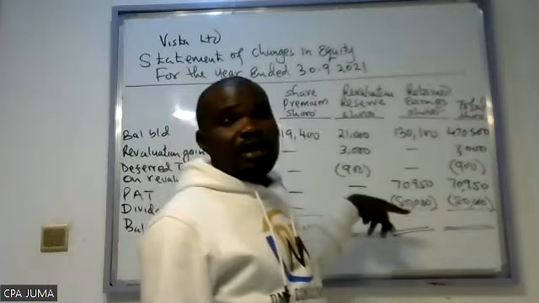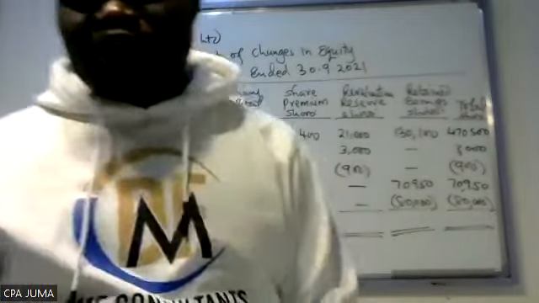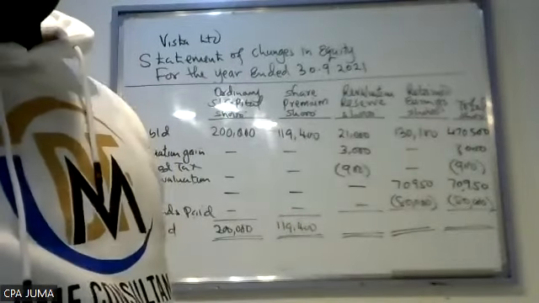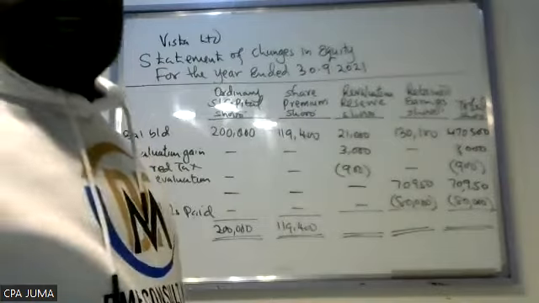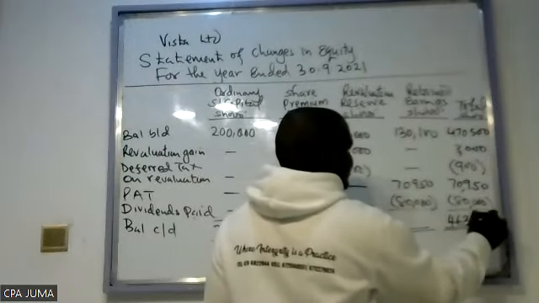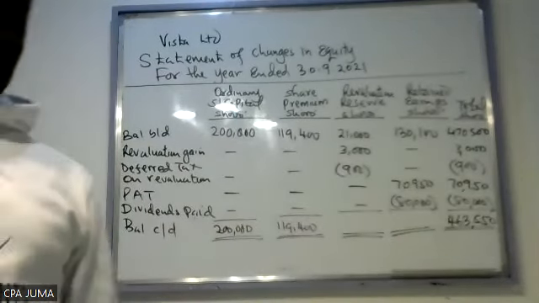Ladies, help me with the total of retained earnings. Then Rachel has given me the entire total. The entire total as per Rachel is 463,550. So others to give me, as I've said, that will save us time.